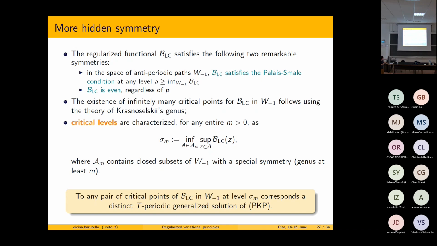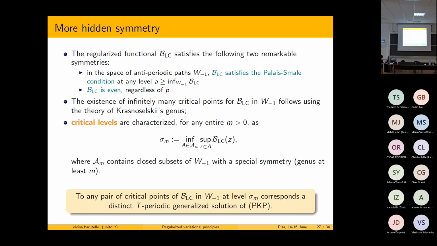Okay, on suitable closed subsets of the space. Okay, it's not a really straightforward application, but it is classical.